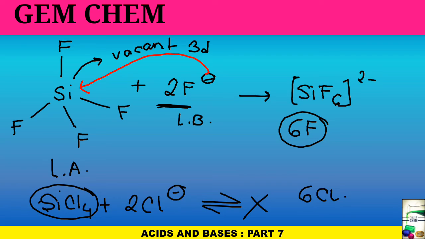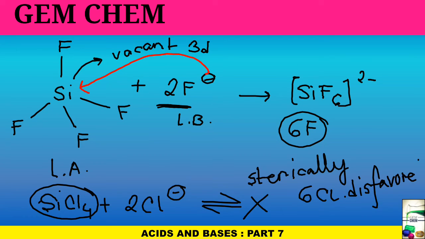As a result, it is not possible when chloride is treated with SiCl4, since the formation will cause steric hindrance and it will be sterically disfavored. That's why it does not show Lewis acidity in this case. And this question is very important.